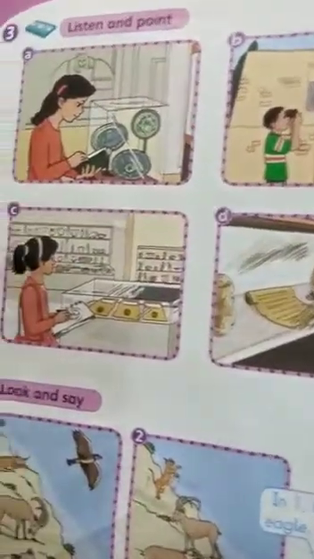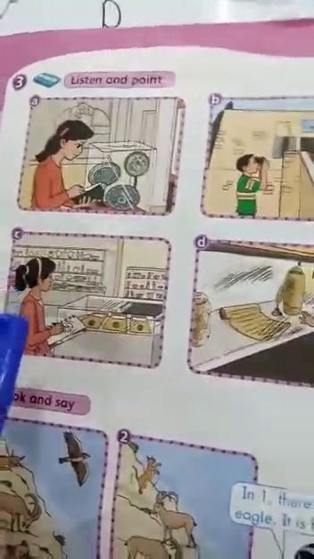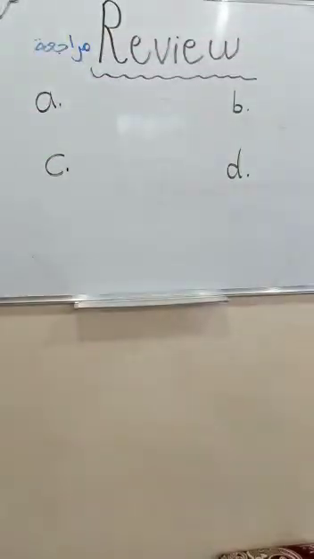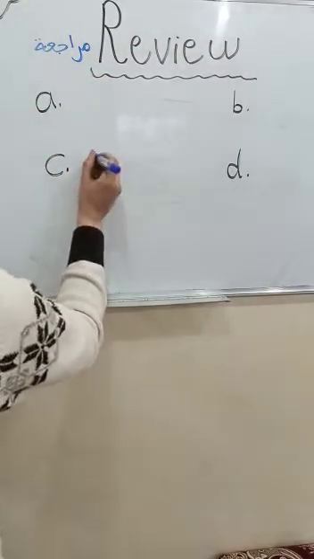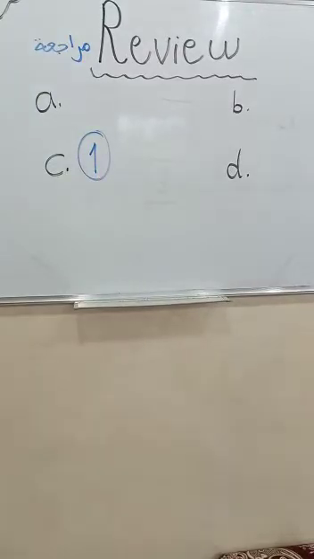In which picture can we see Layla? Layla is drawing a picture. Excellent, picture C. So C is number 1. Number 2.